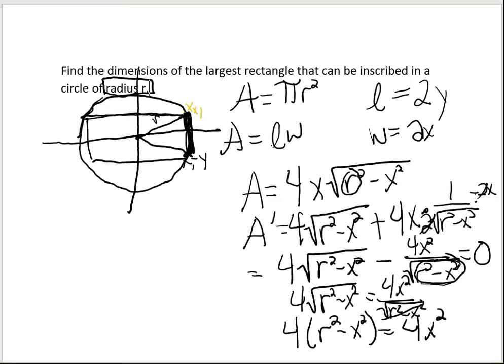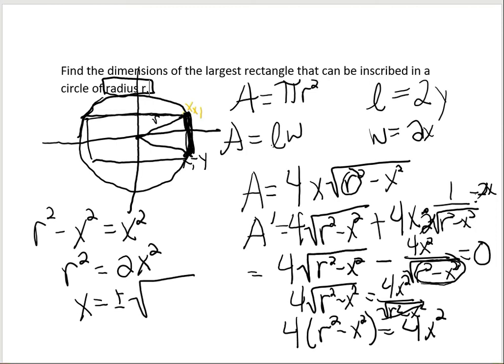Okay, so let's solve this. Before we do that, you could divide both sides by 4. You get r squared minus x squared equals x squared. That is, r squared equals 2x squared. So x equals plus or minus square root of r squared over 2, or plus or minus r over square root of 2.